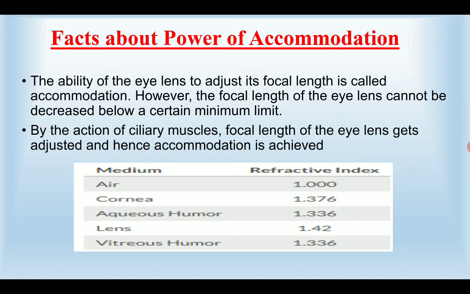So here we had discussed what the power of accommodation is, how we can adjust the focal length with the help of ciliary muscles, and how it happens that when we are focusing on nearby objects, the far objects get blurred, or vice versa. Similarly, you must have seen these features in cameras as well. Whenever you focus on nearby objects with a camera, the far objects get blurred.